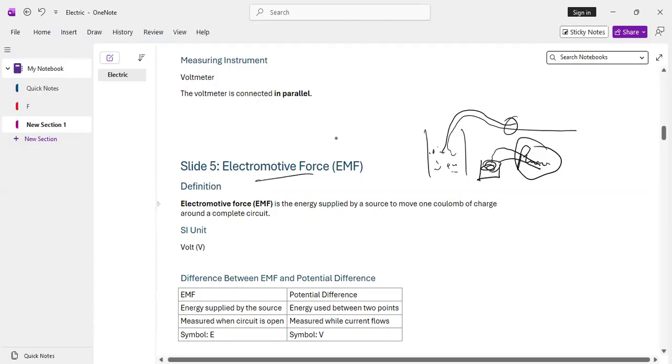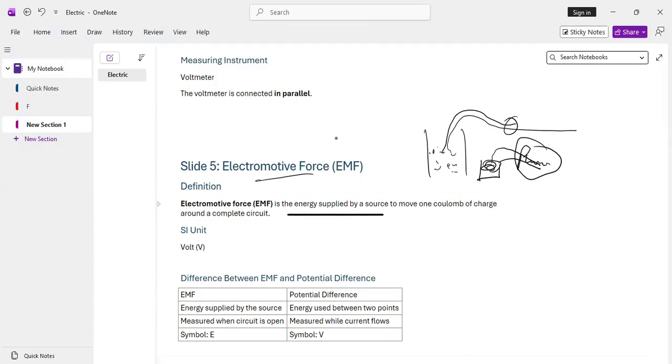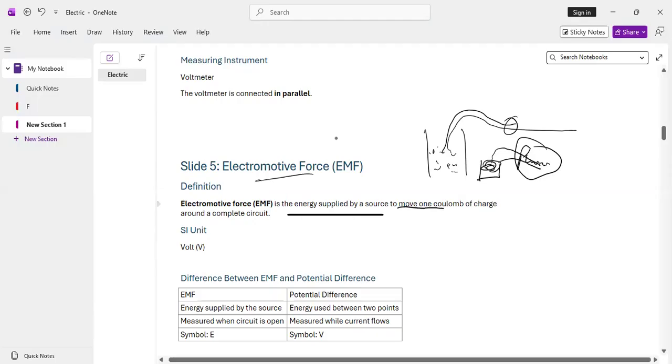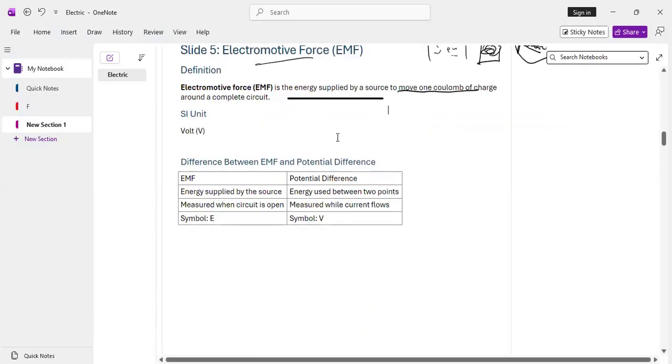EMF means electromotive force, the energy supplied by a source to move one coulomb of charge around a complete circuit. Yes, the SI unit is volt.